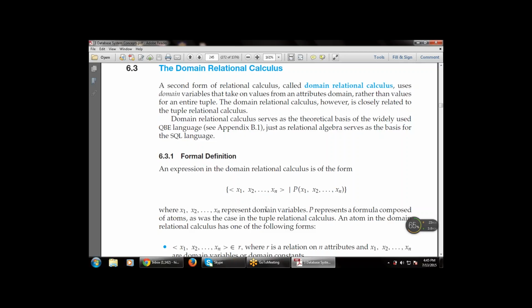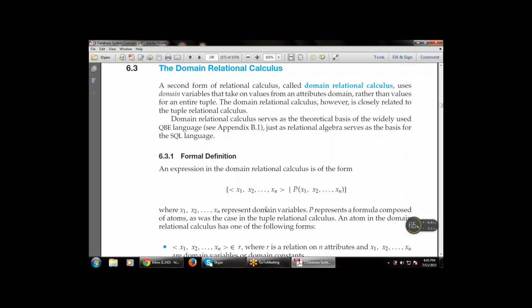So these are the various domain variables, starting with x1, then x2, till xn, and P represents the formula that is composed of atoms, as was the case in the tuple relational calculus. An atom in the domain relational calculus has one of the following forms.